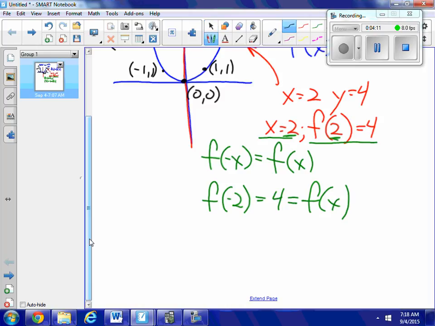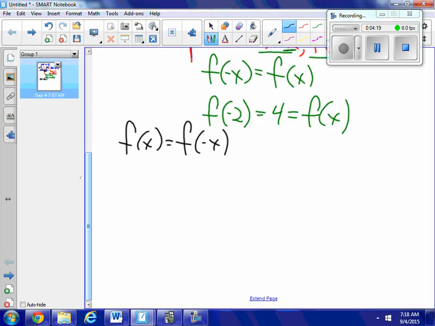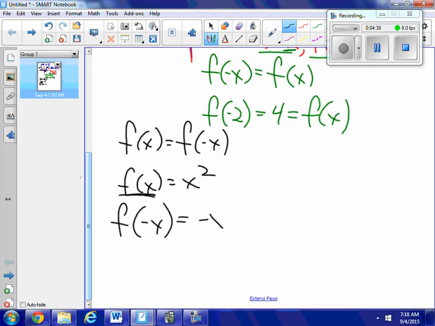So if I say f of x is equal to f of negative x, and my function f of x is equal to x squared, what I want to know is, what is f of negative x? If I'm evaluating this function for negative x, then that is equal to (negative x) in parentheses, squared.